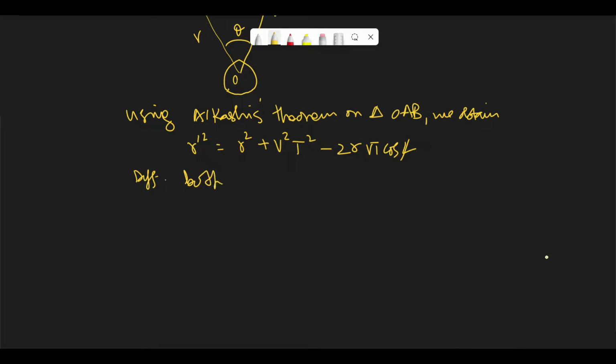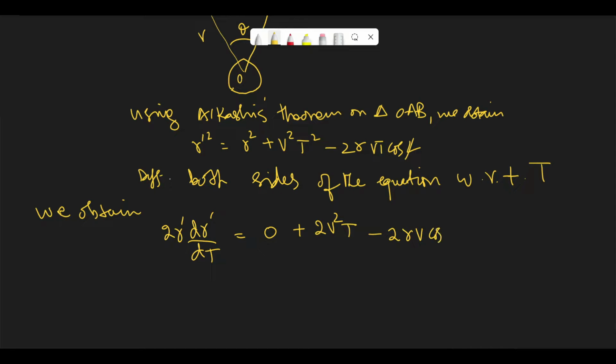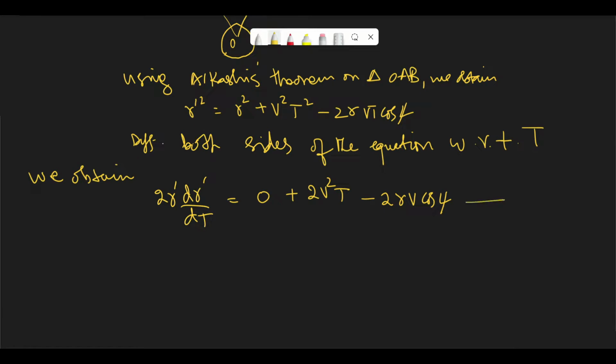Differentiating both sides of the equation with respect to t, we obtain 2r prime dr prime over dt is equal to, the derivative of r is 0, plus 2v square t minus 2rv cos phi. Call this equation 1.